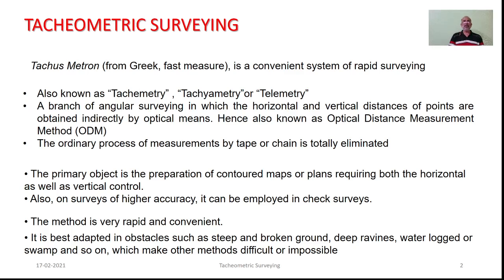The method is rapid as well as convenient, and it is best adopted in obstacles such as steep and broken ground, deep ravines, waterlogged or swamp, and so on, which otherwise makes the use of tape and chain for distance measurement difficult or impossible.